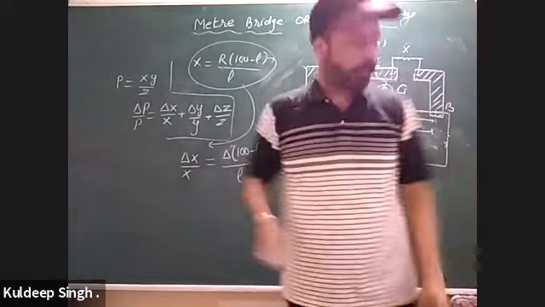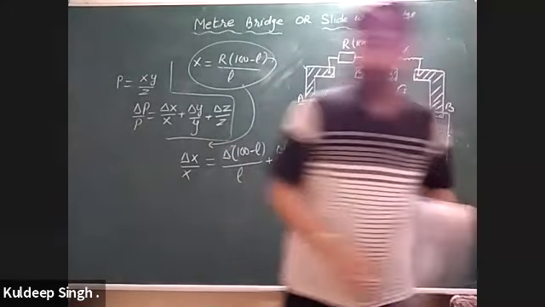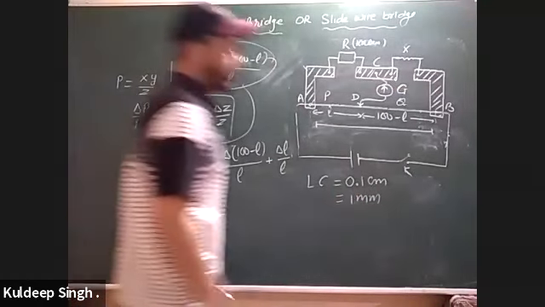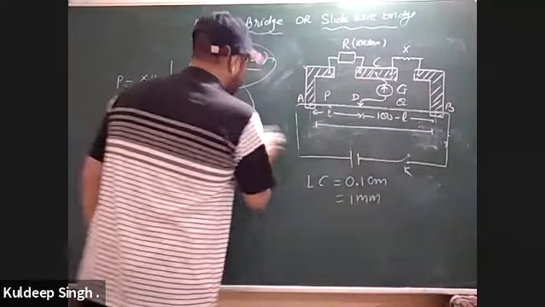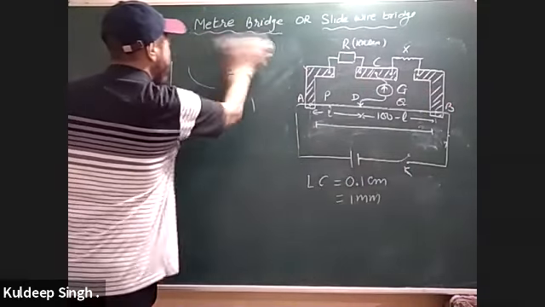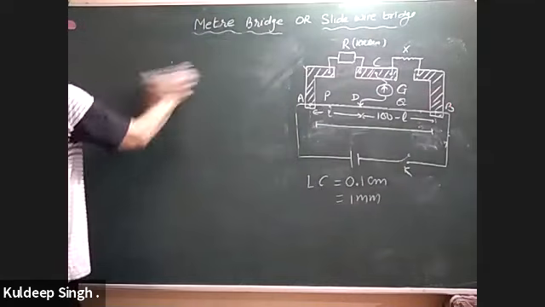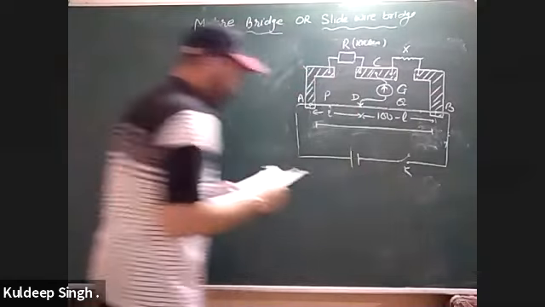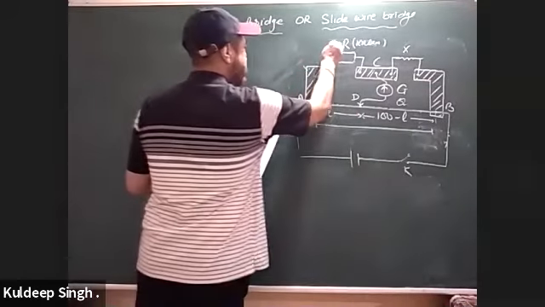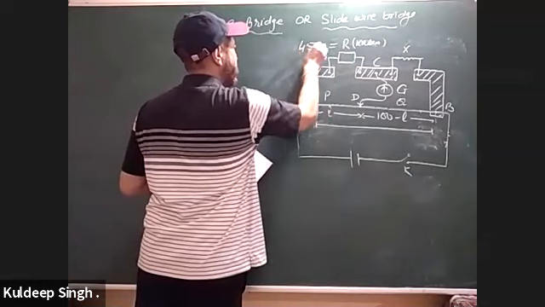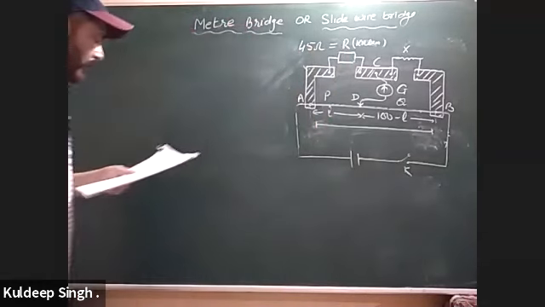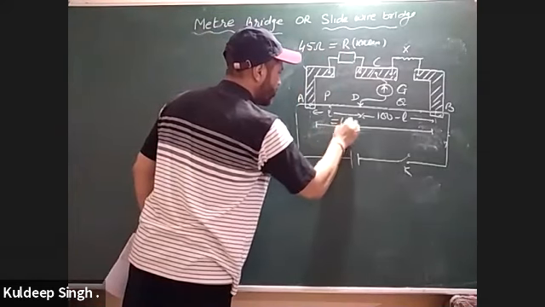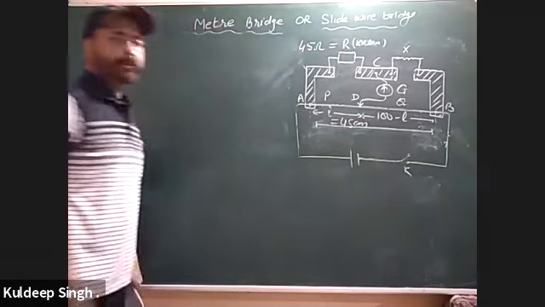So let us do a numerical. It will become more clear how to find percentage error, fractional error and absolute error. So this is the statement. We are given here this resistance is given 45 ohm and the L also is equal to 45 centimeter.